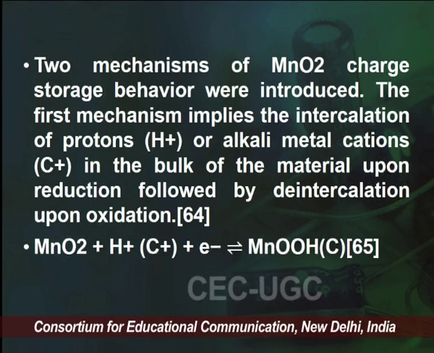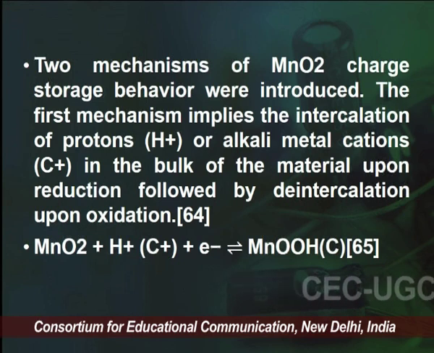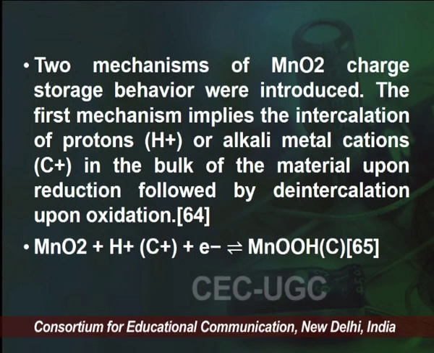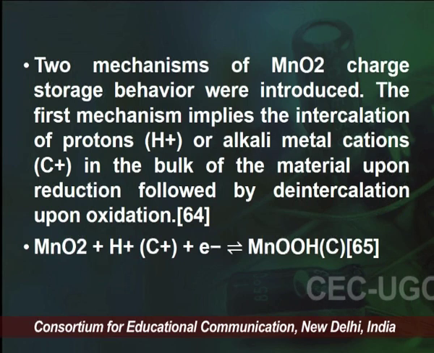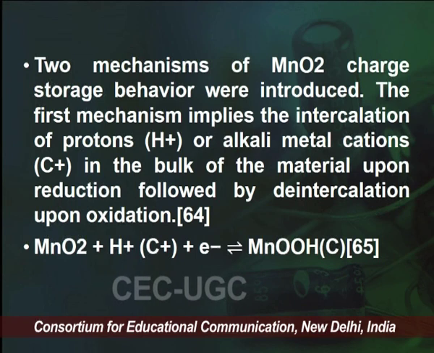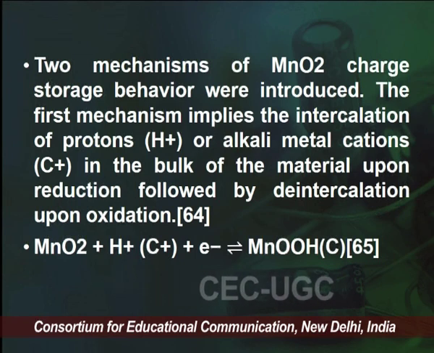The first mechanism implies the intercalation of the proton, defined by H+, or the alkali metal cations C+ in the bulk of the material upon reduction, followed by deintercalation upon oxidation.